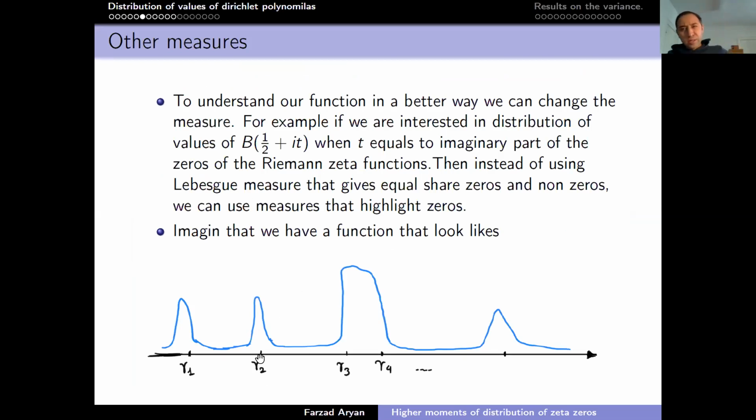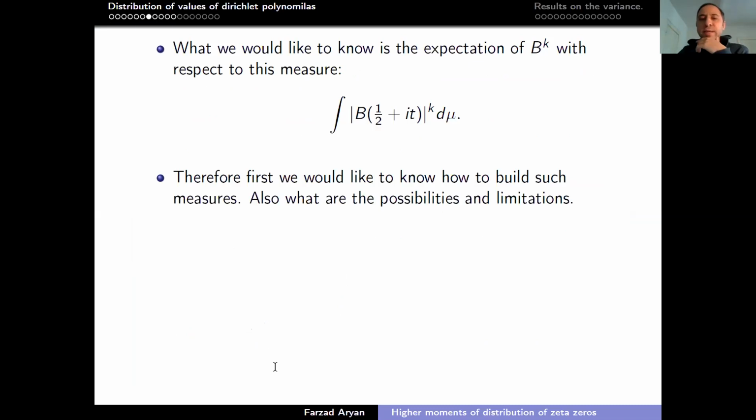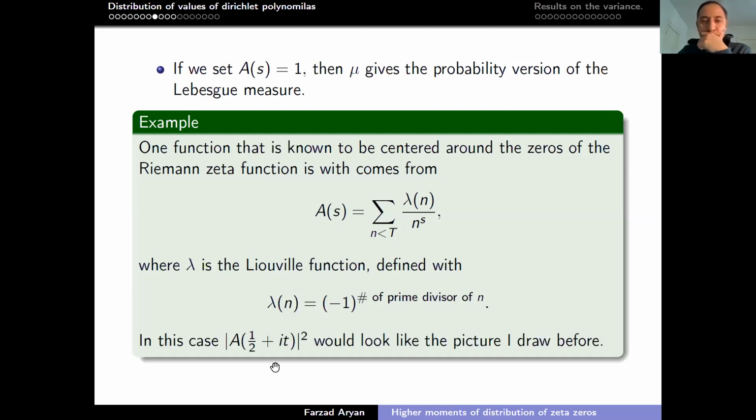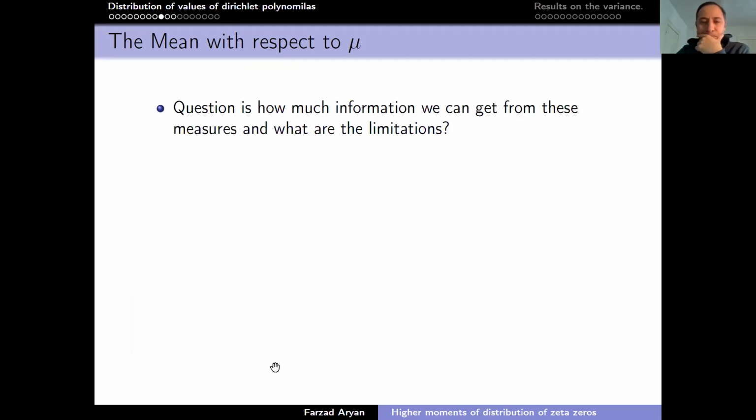So the longer I take the length of that Dirichlet polynomial, the variance of this peak would be smaller and smaller. So it would go higher and look more and more like the characteristic function of the zeros. This is one example of how we can build up a measure like that. Is there a question?